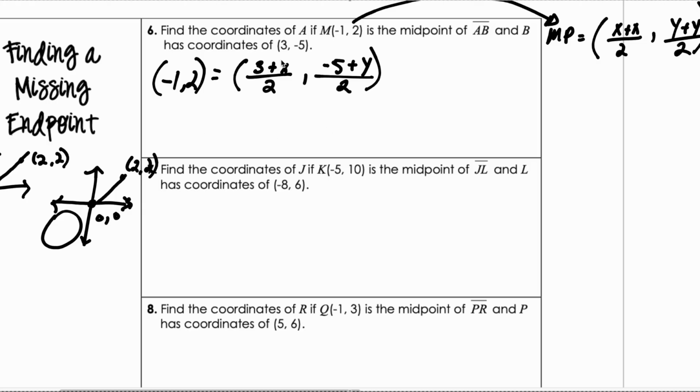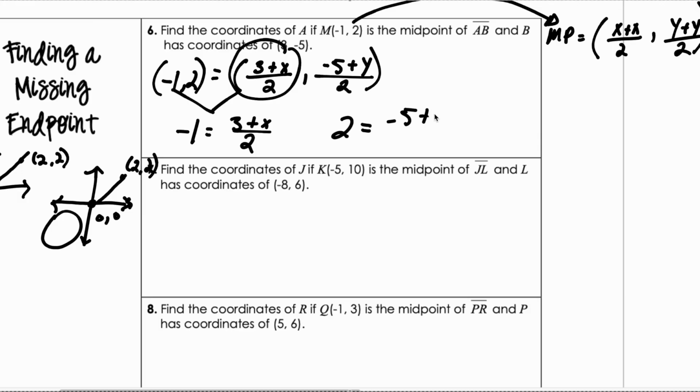Well, since this portion of our formula is finding our x, then we can set up an equation where -1 equals 3 plus x over 2 and solve for x. We can do the same thing with our y's. We know that this is going to equal 2 according to our formula, so 2 equals -5 plus y over 2. So we're going to solve for x, make some more space.